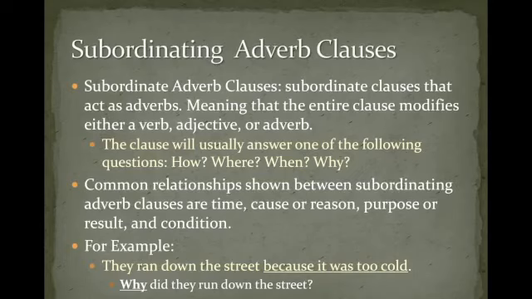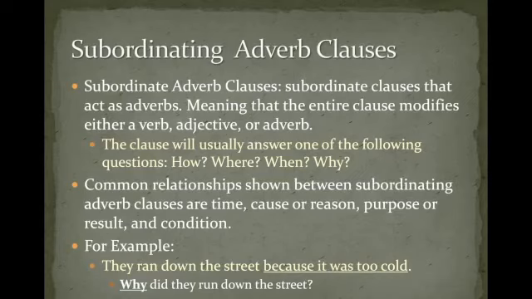So how do we make these subordinating clauses more clear? You want to use adverbs, because subordinate clauses usually act as adverbs, meaning the entire clause modifies either a verb, an adjective, or an adverb. A subordinate adverb clause is going to answer one of the following questions: how, where, when, or why.